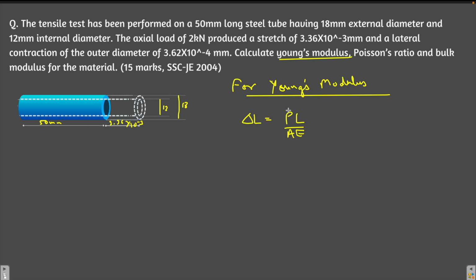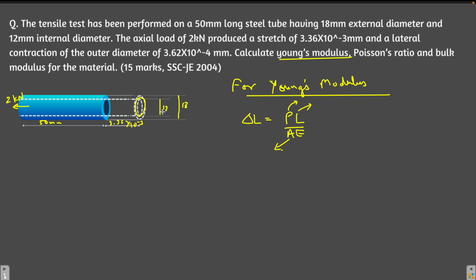So what is P? P is the force with which we are stretching the tube. So the force is given as 2 kilonewton, right? What is length? Length is known to us. It is 50 mm. What is area? Now this area is the cross-sectional area of the tube.